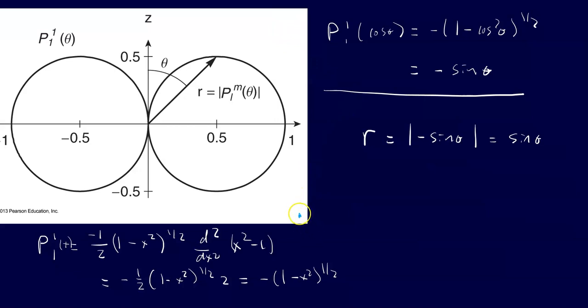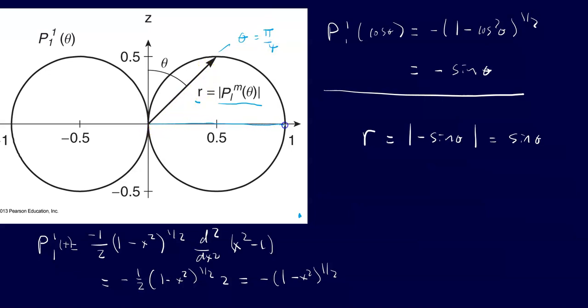Basically it's a polar plot where the length of the vector r, which we're given right over here, is equal to the absolute value of this P_L^M. And so we can see it at different points. For instance, at this point here that they've drawn, I would say this is roughly the point theta equals pi over 4. So r equals that value here.